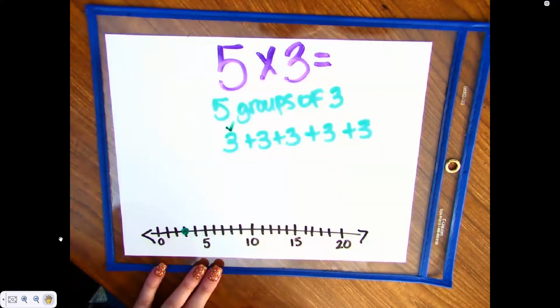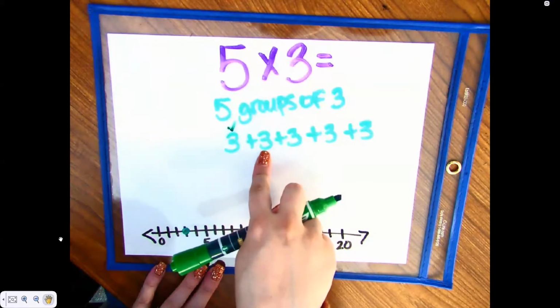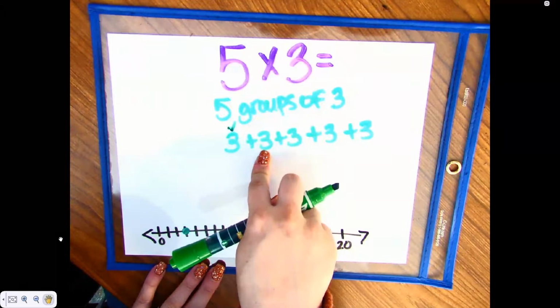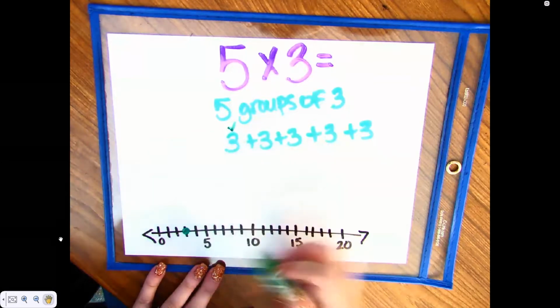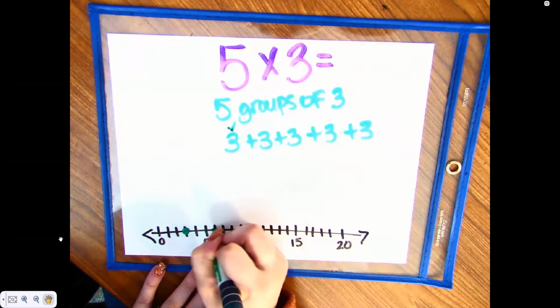How many do I need to do? Bella, how many do I need to do? 3 more. Thank you, Walter. Bella, how many do I need to do? 3. So I'm going to go 1, 2, 3.